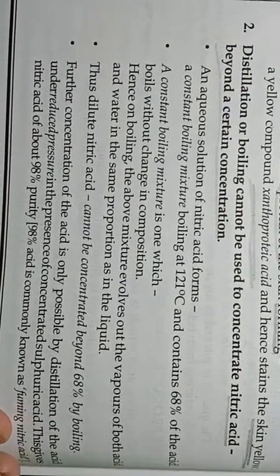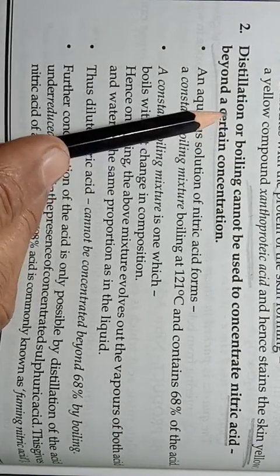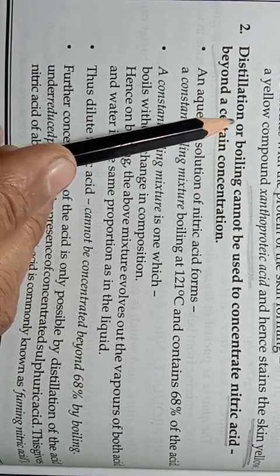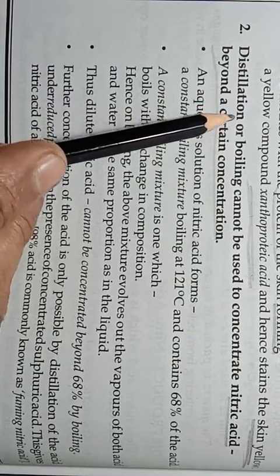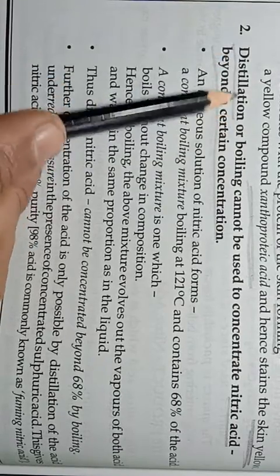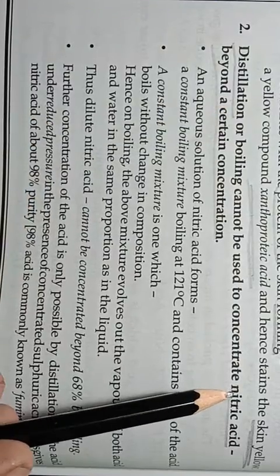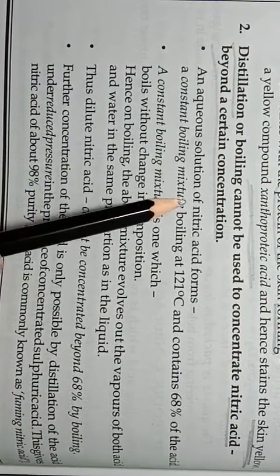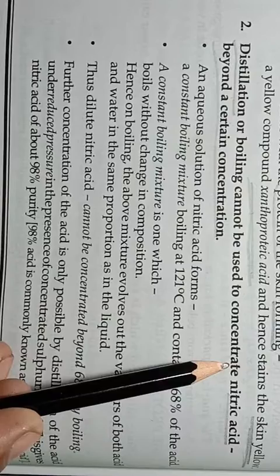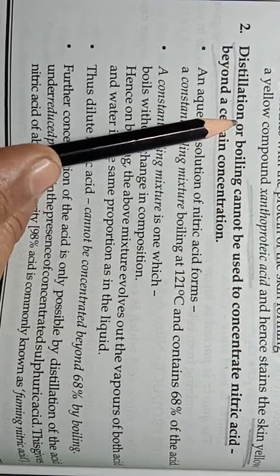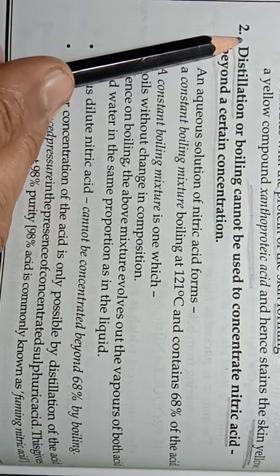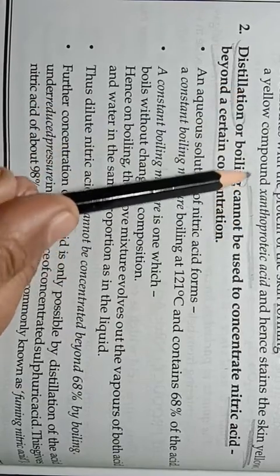So after the preparation of nitric acid in the Ostwald process, we use a distillation process to concentrate it, but beyond a certain concentration we cannot further concentrate that acid with the help of simple distillation or boiling.